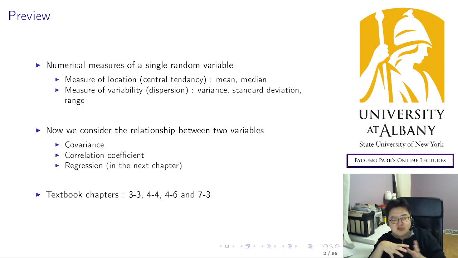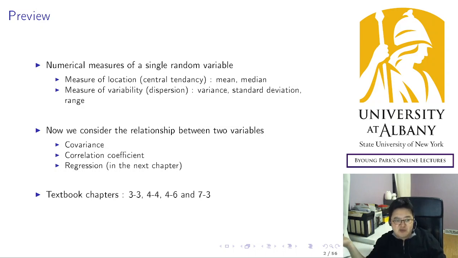And we are going to learn more commonly used, more important numerical measures to describe the relationship between two variables in this chapter and the next one. In this chapter, we learn the covariance and the correlation coefficient. Simply, I may call it correlation, but a more formal name is correlation coefficient.